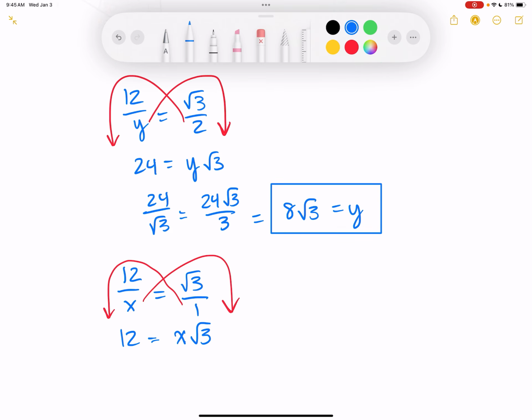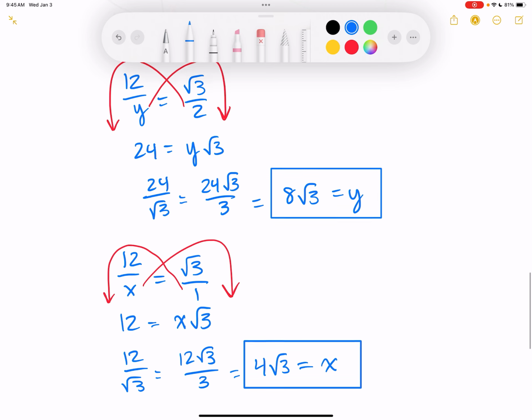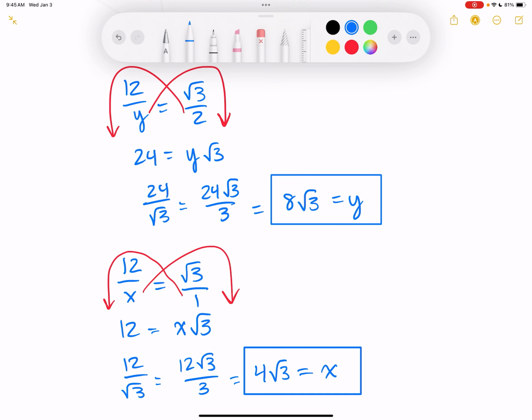Let's divide by that. 12 over the square root of 3 is equal to 12 square root of 3 over 3. 12 and 3 cancel, so that's going to be 4 root 3 is equal to x. And so that's how you would find the other side length for that one.